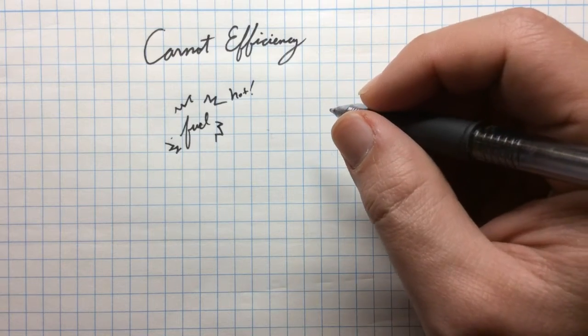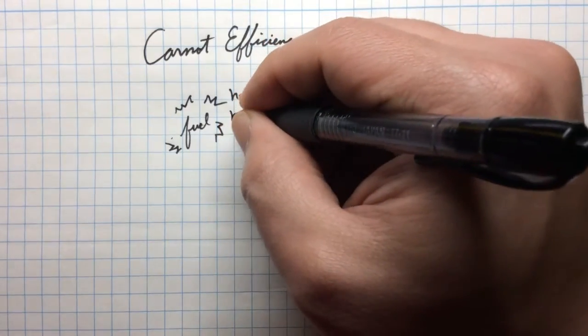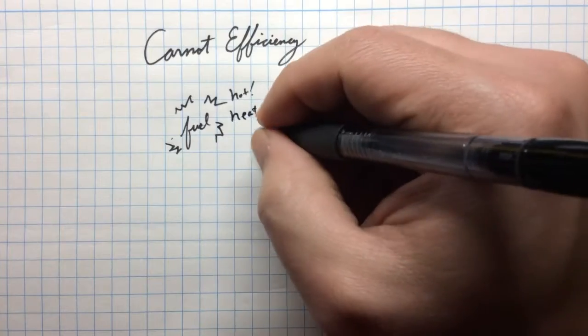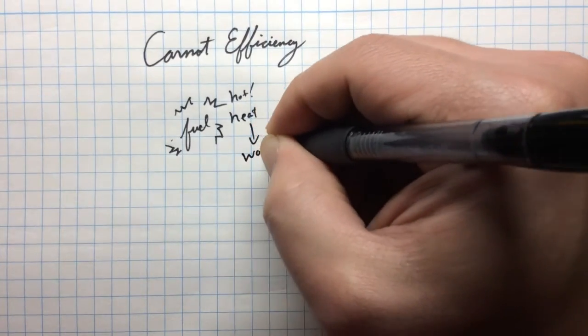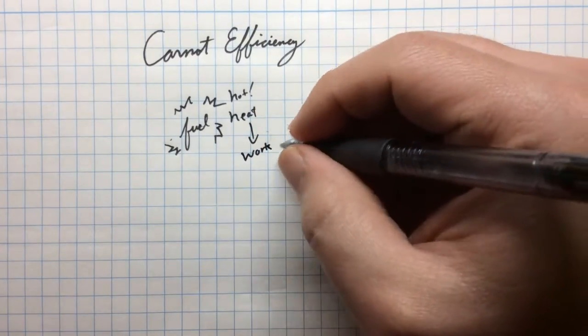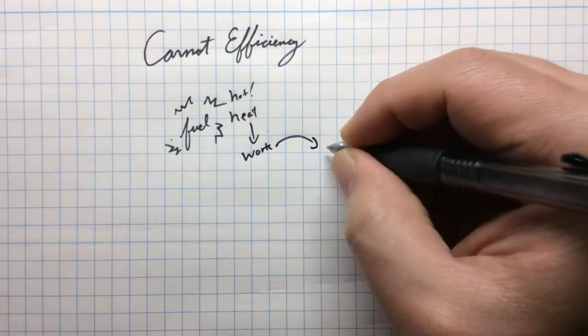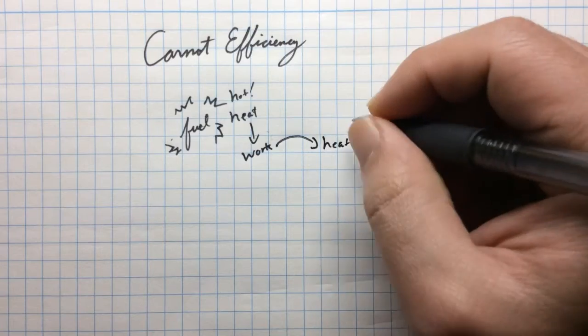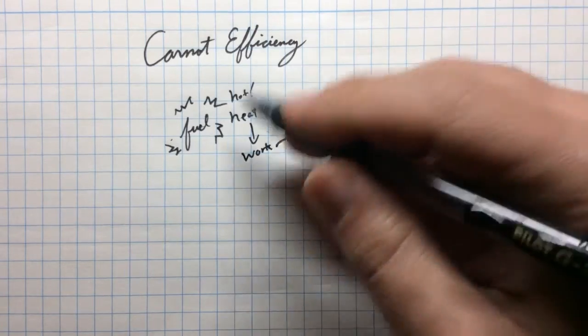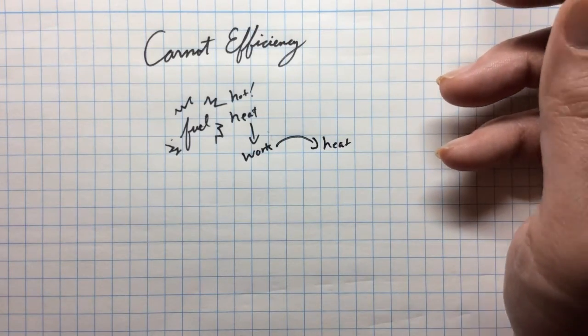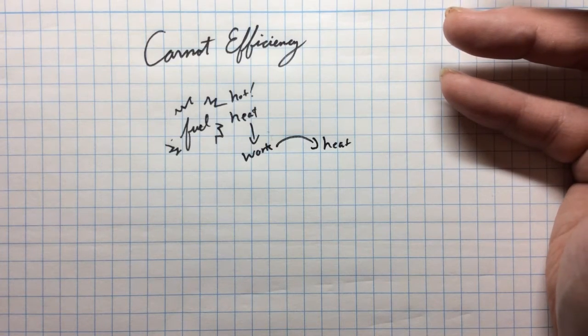You also have an exhaust. So this heat that's created here, some of it is turned into work. And whatever's not turned into work needs to be expelled, and so we need to throw some heat out, whatever's left over, what didn't get turned into work, right? So that's pretty much every single thermodynamic system.